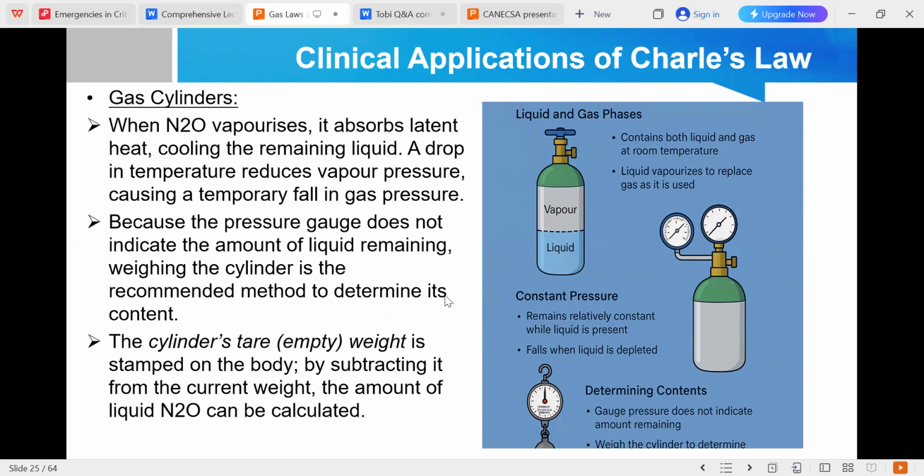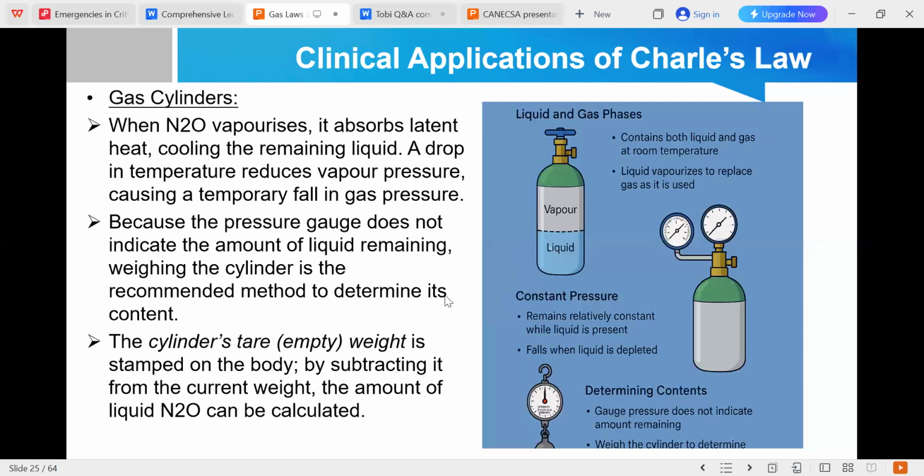In gas cylinders, for instance, let's use a nitrous oxide cylinder. As nitrous oxide vaporizes, it absorbs latent heat, cooling the remaining liquid. So a drop in temperature reduces vapor pressure, causing a temporary fall in gas pressure. But note that because the pressure gauge does not indicate the amount of liquid remaining, the tare weight of the gas cylinder becomes important.